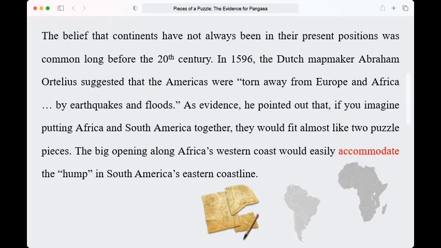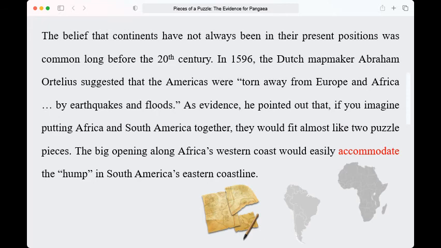he figured out that the shape of Africa, in one particular part of Africa, nicely fitted with a piece from South America. And this is what he suggested. The Americas, North and South, were once attached or joined together with Europe and Africa.